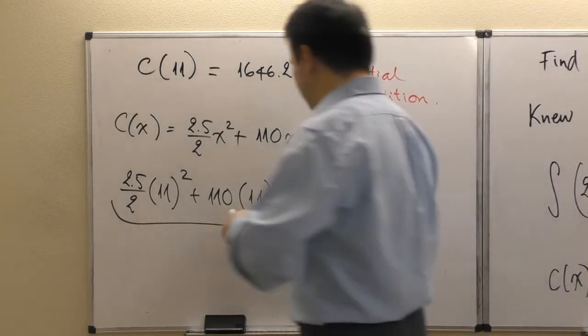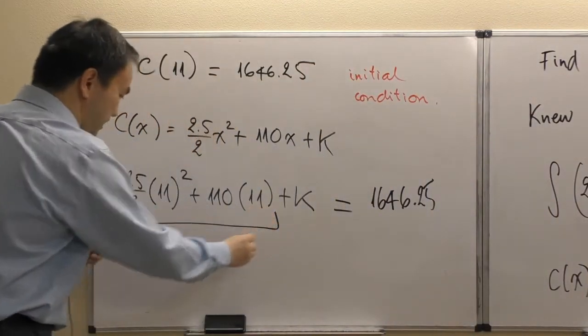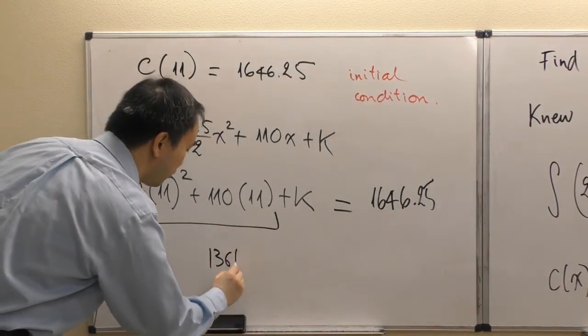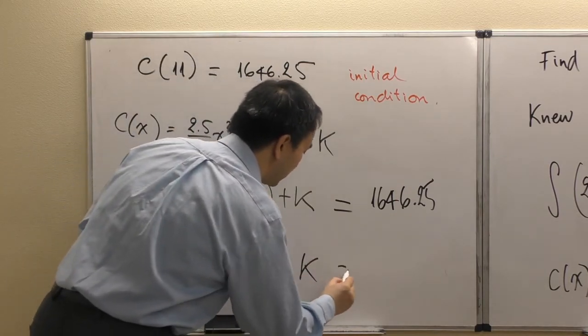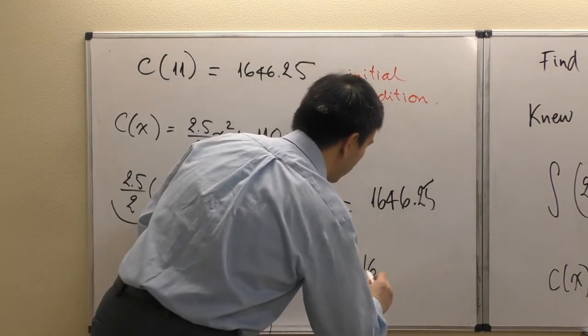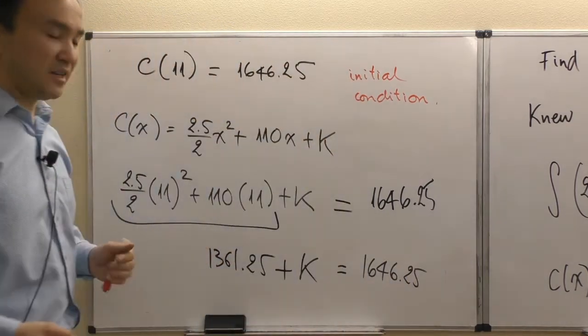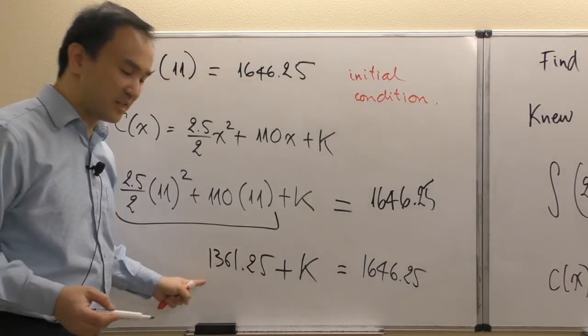And so we are now looking at all that here with my underlined brackets, which is $1,361.25 plus k, and all that equals $1,646.25. Okay, and so now finding the value for k is just a matter of solving this very basic equation.